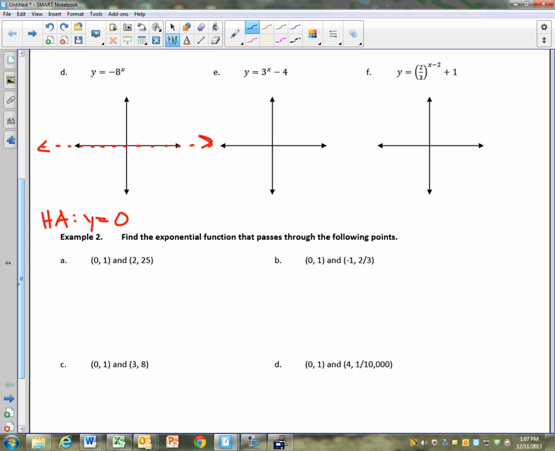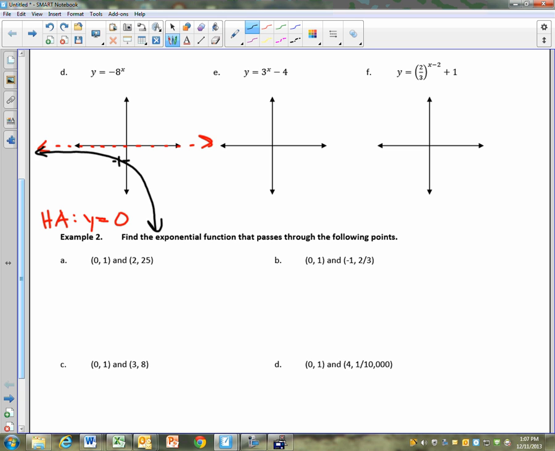What point did this pass through before it had the negative on it? (0, 1). So now it's going to pass through (0, -1). Yeah, it's just reflected over. And you could just plug in a point to check that. I mean, if I plugged in 0, 8^0 is 1, then make it negative, negative 1. It's going to work out.